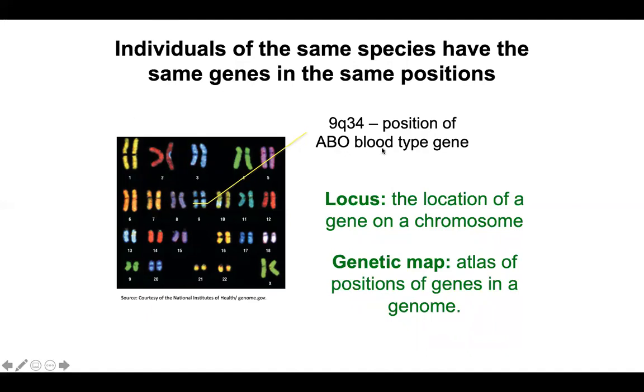So for instance, the gene that causes the ABO blood type sits on chromosome 9 on the arm Q and in the region 3-4 here. So roughly right around here is where we find the ABO blood type gene in the human genome. And of course, we find it on both homologous chromosomes. So we define as locus the location of a gene on a chromosome, and a genetic map is basically an atlas of positions of genes in a genome.